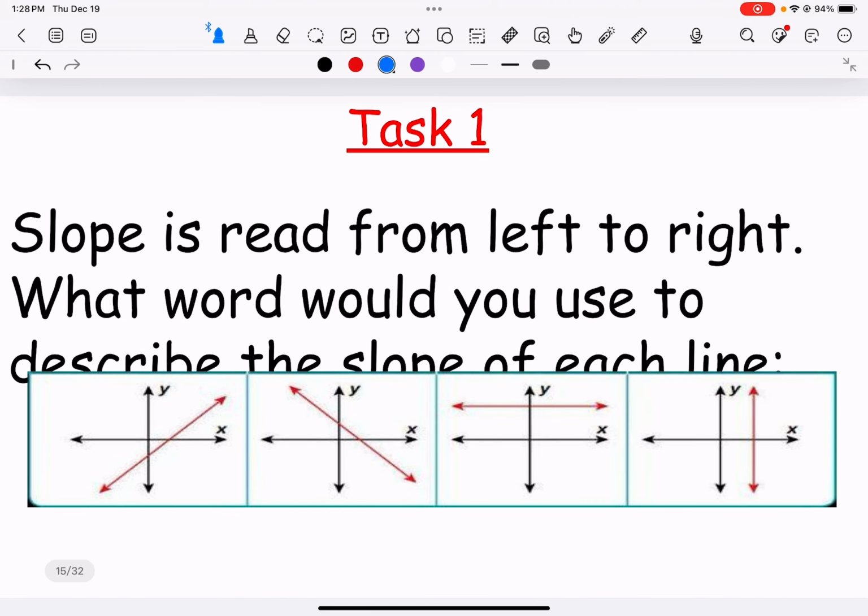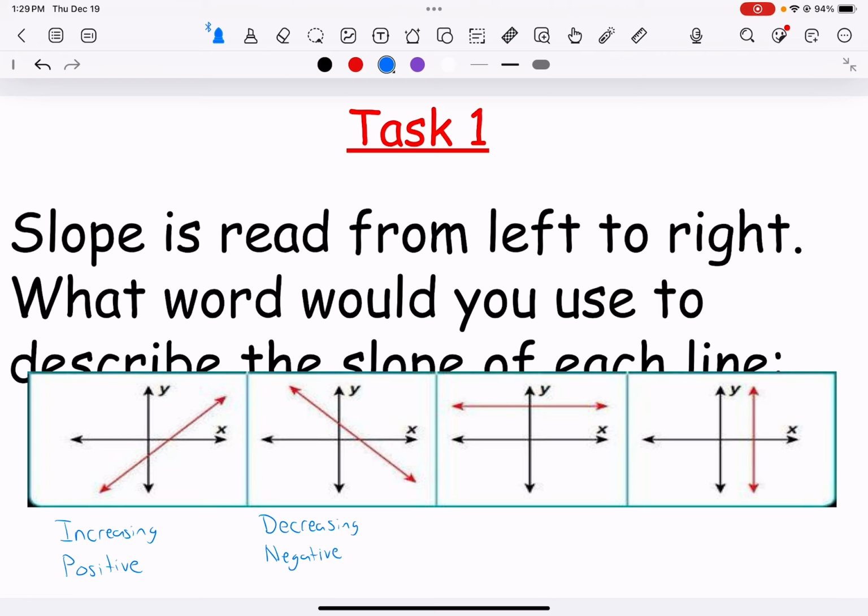Slope is read from left to right, and we want to use a word to describe the slope of each line. Since slope is read from left to right, this first slope we would say is increasing, or it has a positive slope. The second line that's going down from left to right, we would say is decreasing, or it has a negative slope.